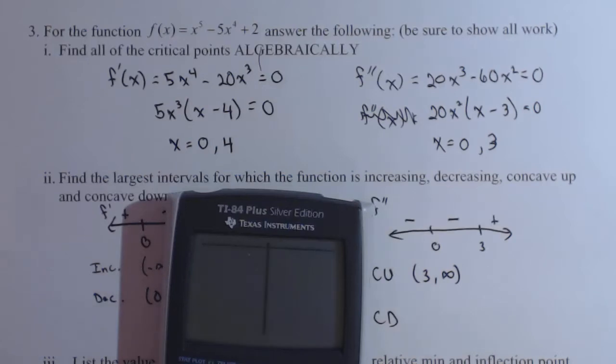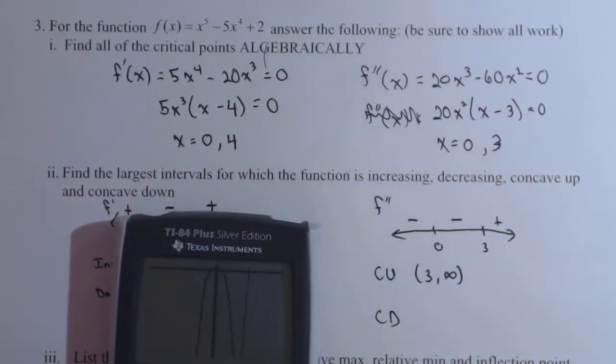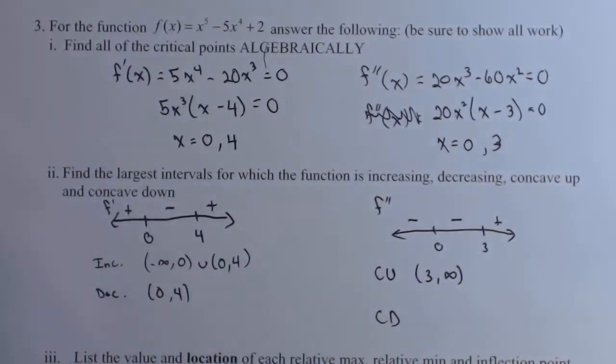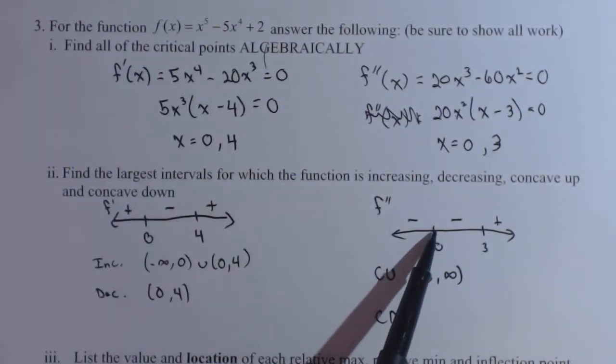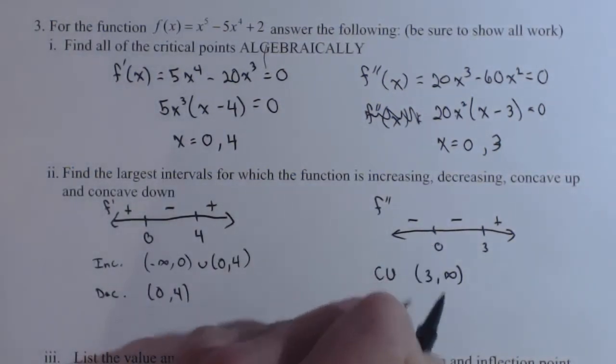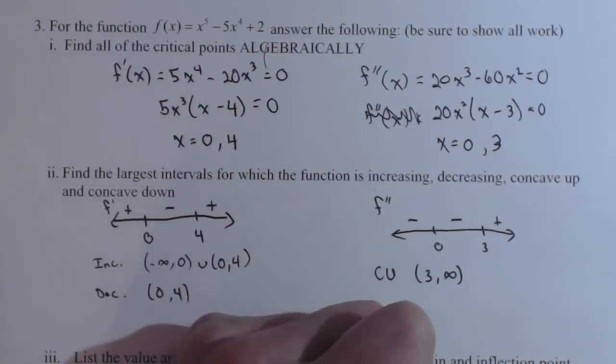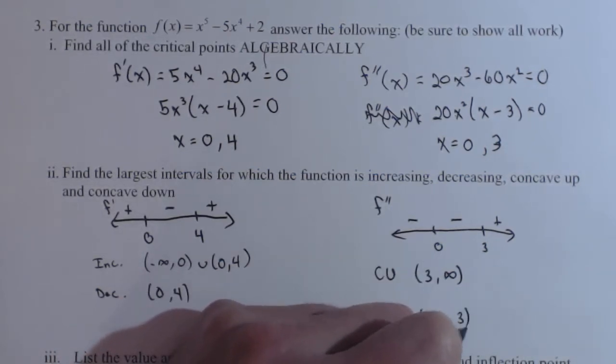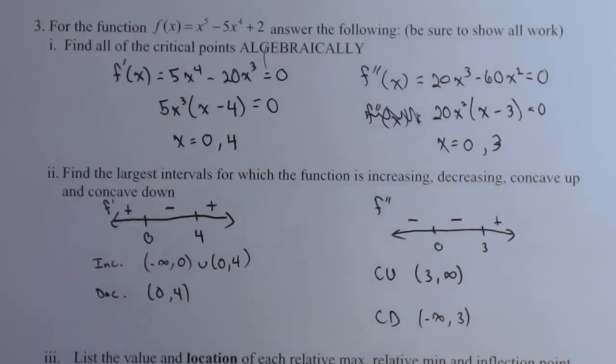I know this one goes way down. So we see that this graph is in fact concave down from negative infinity up to 3 and then goes back to concave up. So even though there's that one spot where the concavity isn't changing, we can go ahead and say negative infinity to 3. I just wanted to take a look at that.